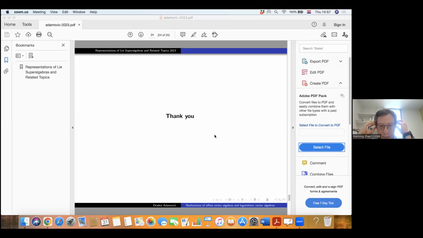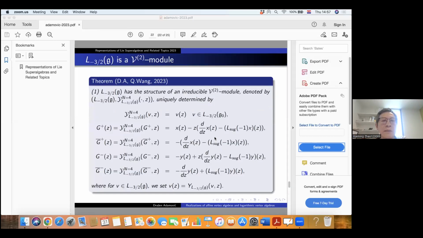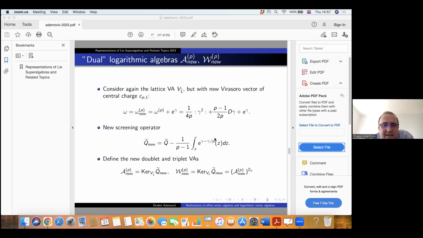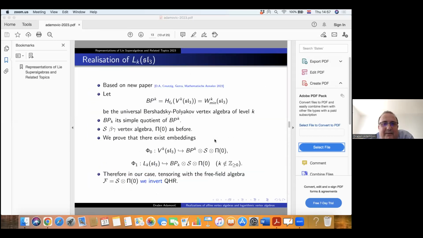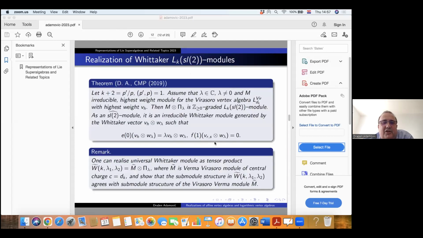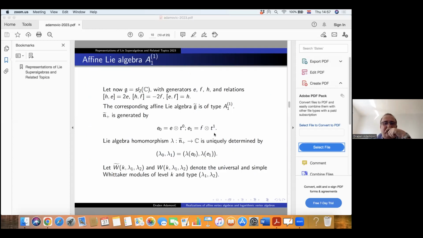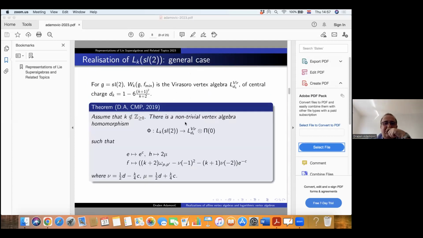Oh, okay. I can share the screen again. Yeah, I include this about Whittaker. What is our story? We have a realization of this SL2 in the tensor product of the Virasoro with this pi zero.